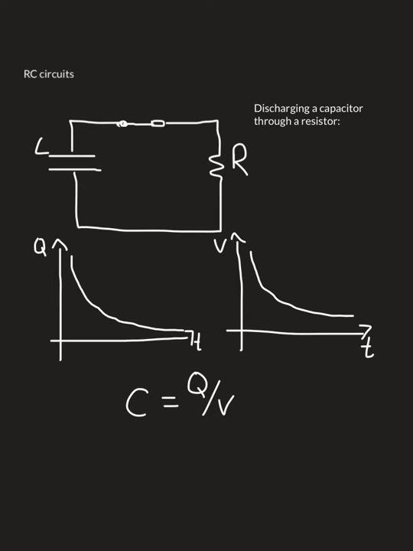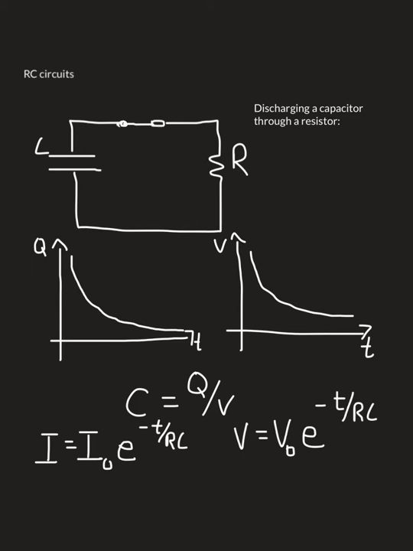Furthermore, a flow of charge with time, the charge decreasing, represents a flow. This is the same thing as current. We can write equations to describe both of these exponential decreases. They have exactly the same form.